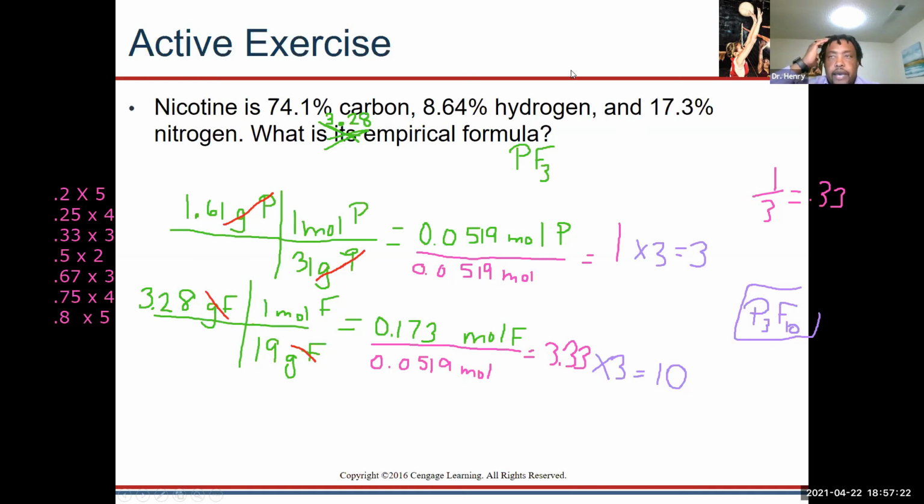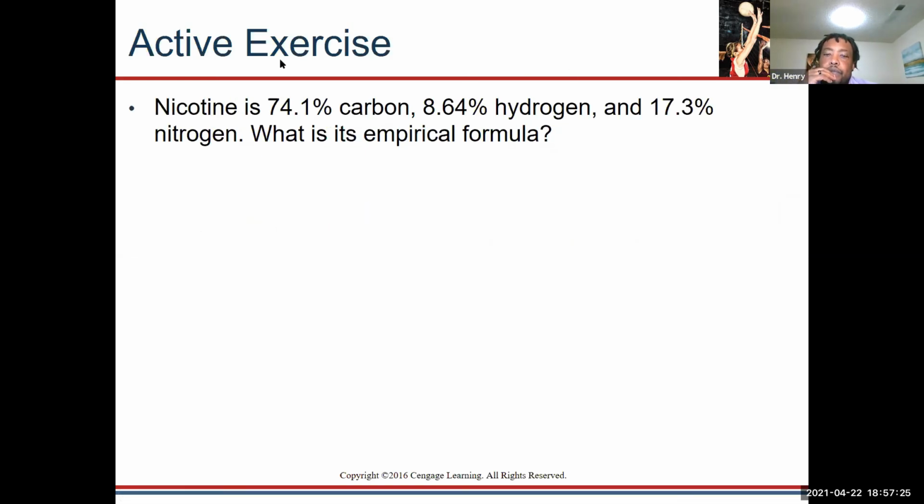That's the last thing, and then we'll go to lab. Okay, so we've talked about percent mass. So here's a case. Nicotine is 74.1% carbon, 8.64% hydrogen, and 17.3% nitrogen. What is the empirical formula for this? In this case, we have percent mass.